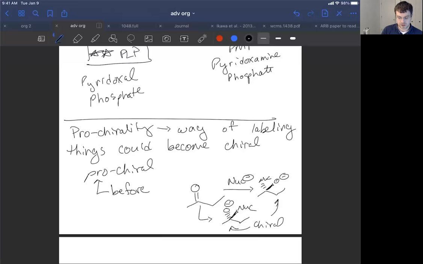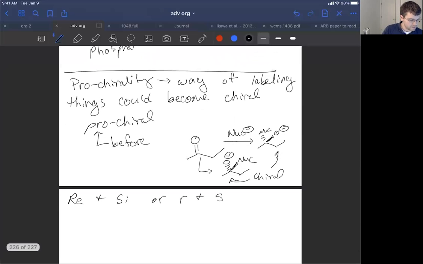So what we do is we use a designation called Re and Si, or little r and little s, to label prochiral faces or prochiral atoms within a molecule. What this would look like is if we had our ketone arranged so the ethyl group is on the right.